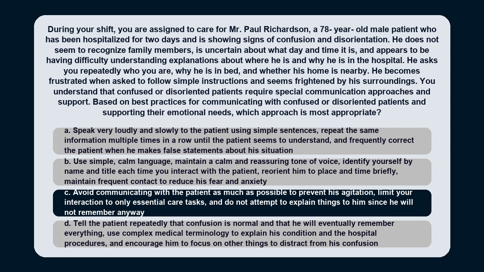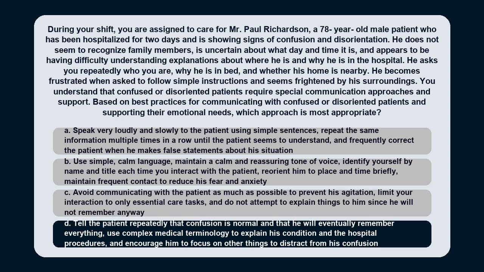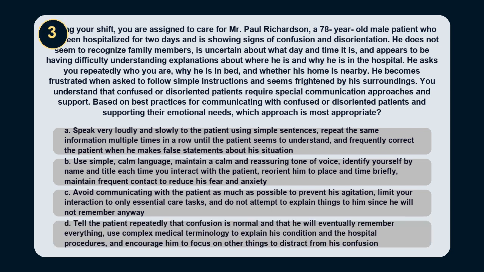Limit your interaction to only essential care tasks, and do not attempt to explain things to him since he will not remember anyway. Option D. Tell the patient repeatedly that confusion is normal and that he will eventually remember everything. Use complex medical terminology to explain his condition and the hospital procedures, and encourage him to focus on other things to distract from his confusion.